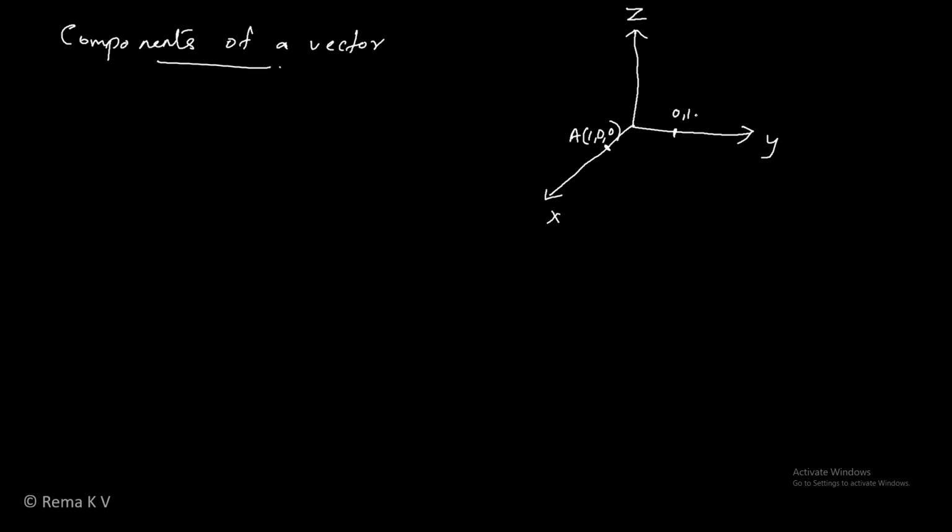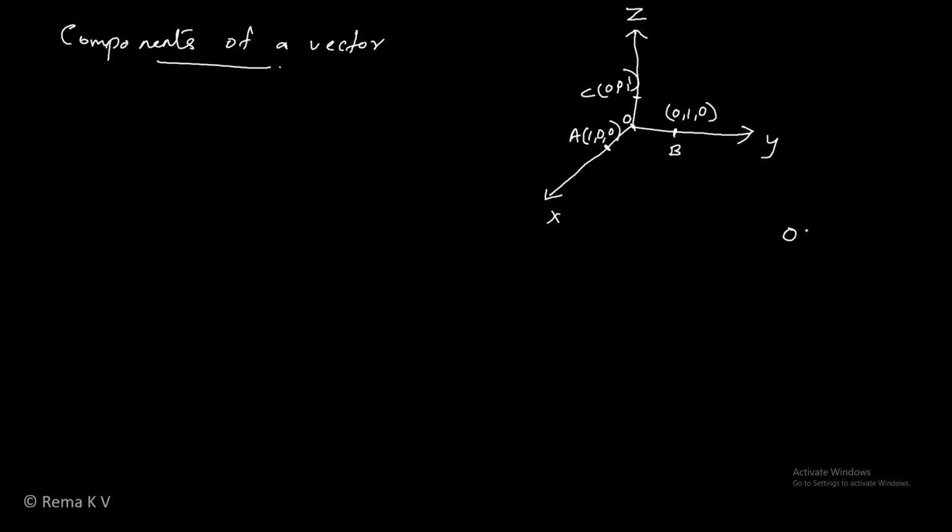Coordinates of B are 0, 1, 0, and coordinates of C are 0, 0, 1. Let us consider these 3 points. This is the origin, which is represented by O.